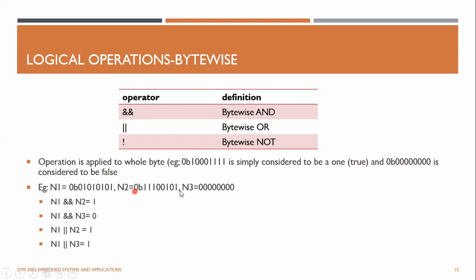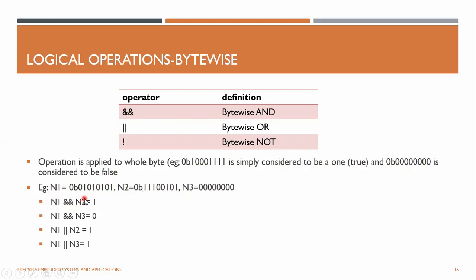So I have a few examples, like N1 is a number. This number represents some kind of decimal value, which is more than 1, so it is true. And N2 is again true. And N3 is 0, so it is false, right? So N1 byte-wise AND with N2 is 1, because the whole byte is more than 1, which means 1.